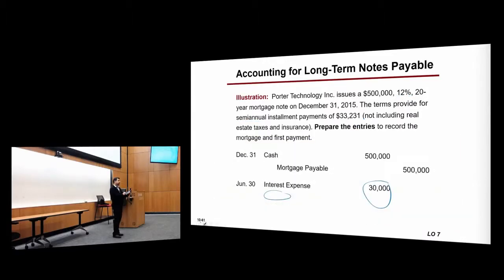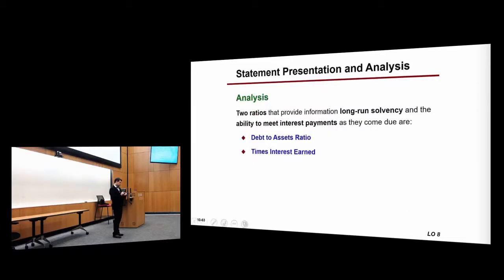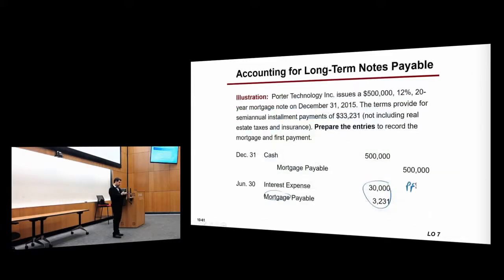So the new balance will be the principal minus the reduction in principal. This is the new balance in principal. Okay? This is the reduction in principal.